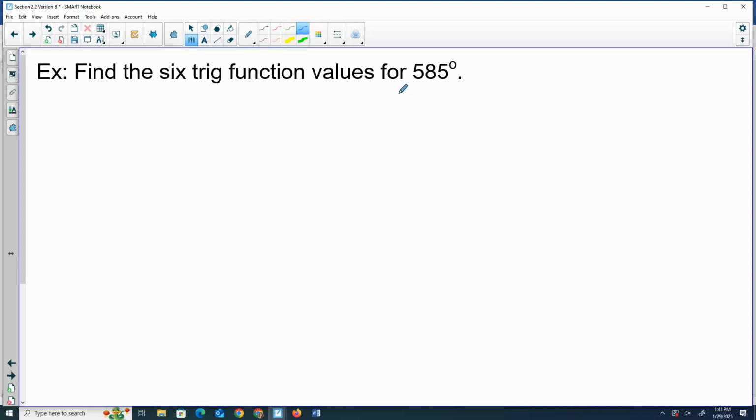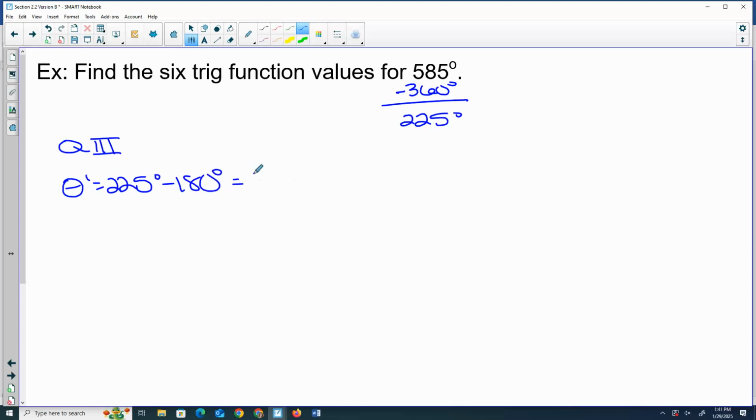What would you do first? So we find that coterminal angle, so that's 225. What quadrant is 225 in? 3, because it's between 180 and 270. So reference angle in quadrant 3 is your angle minus 180, 45 degrees.